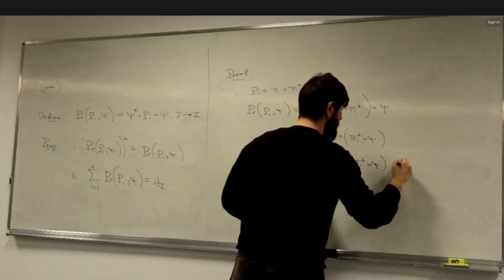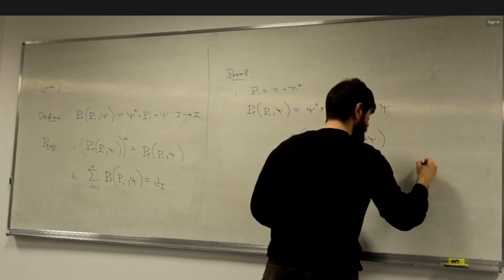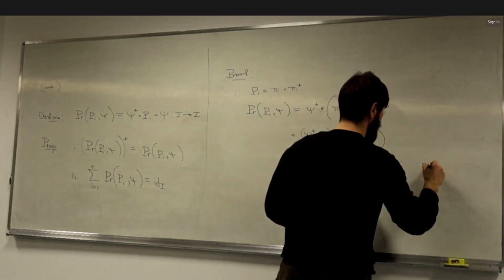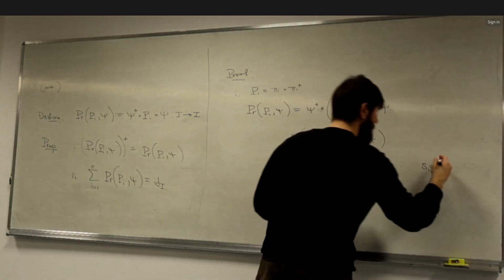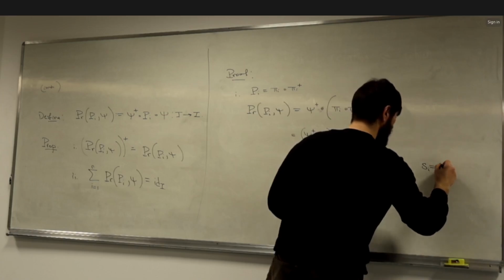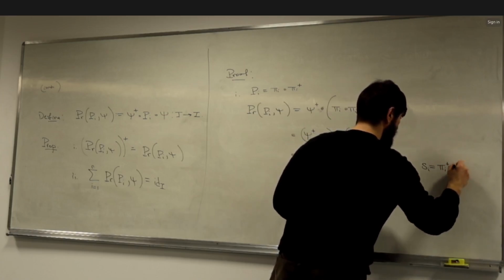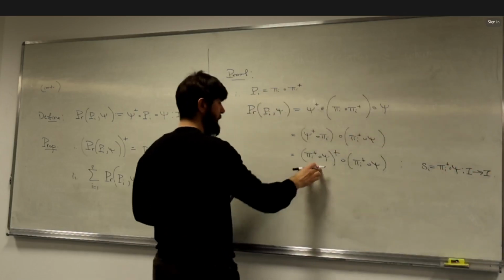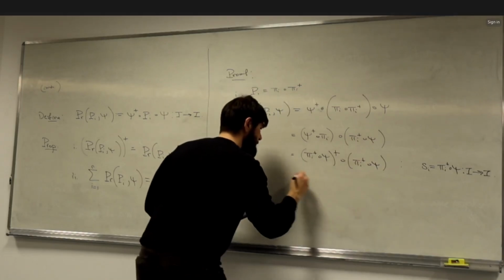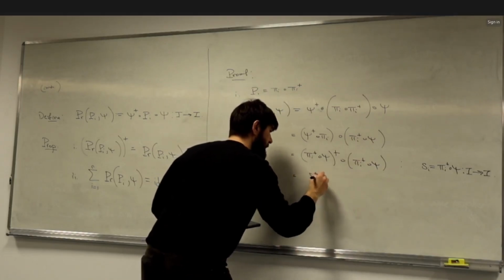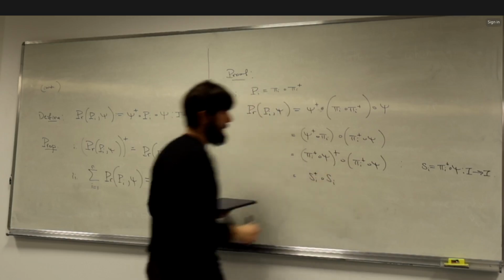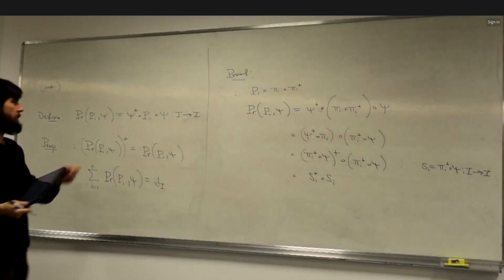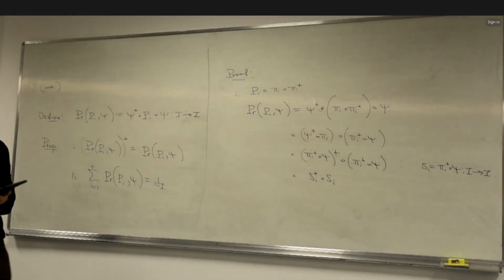So define some S I equal to pi I dagger psi, which is a scalar. Then we have that this is precisely S I dagger S I. And clearly, just from this, you can see that it will be self-adjoint.